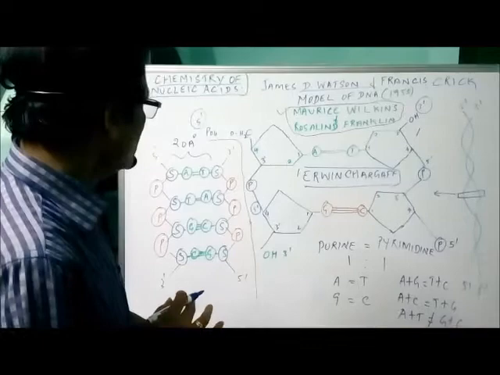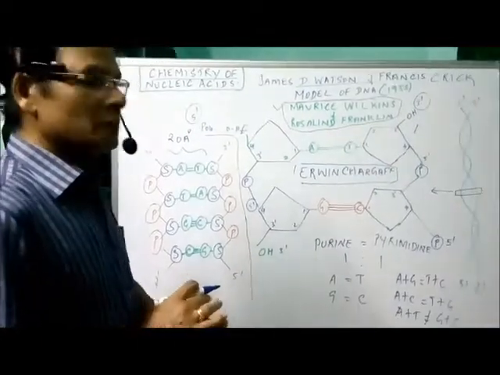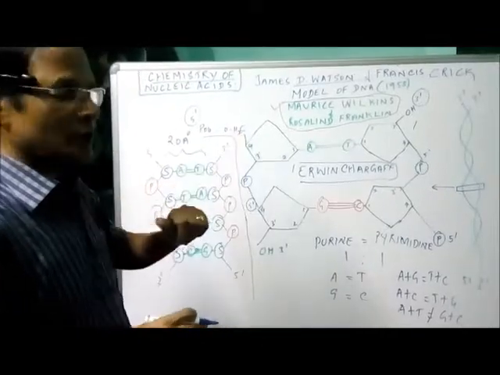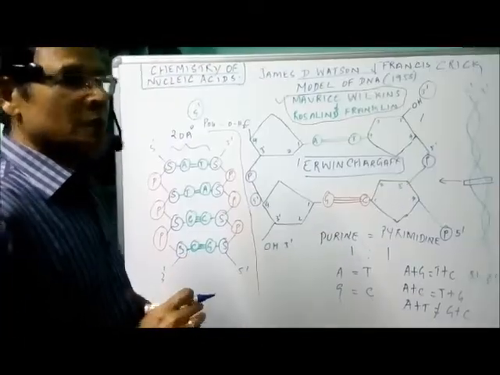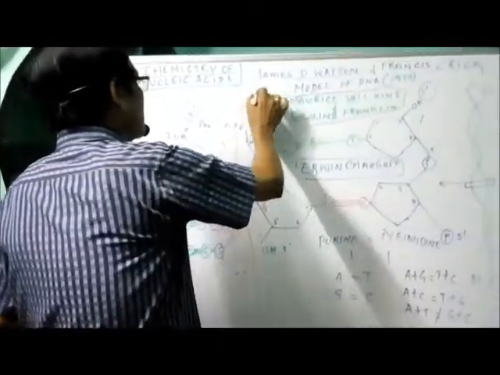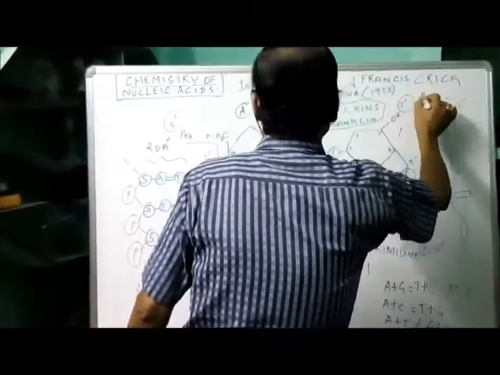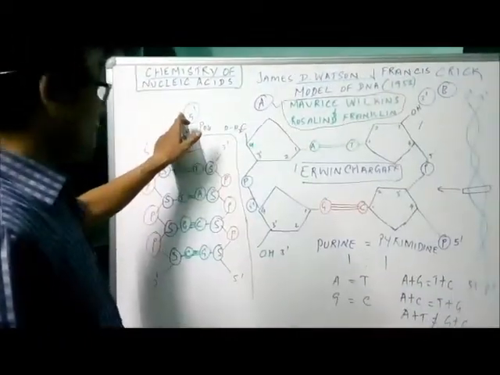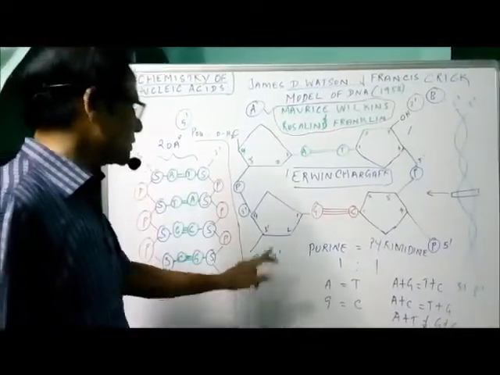Now, I mentioned already that the phosphate group is attached to the fifth carbon. This is the fifth carbon. I am taking one strand, strand A, and only two nucleotides. This is strand B. Now one end is 5', the other end is 3'.